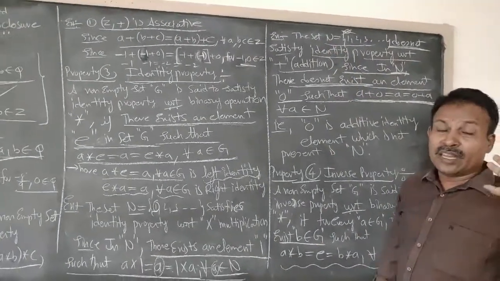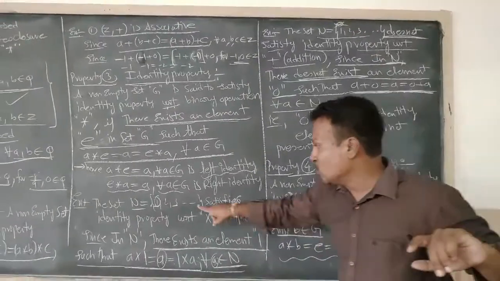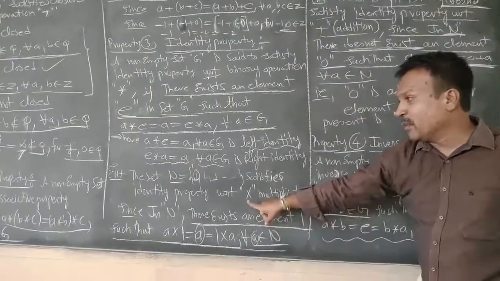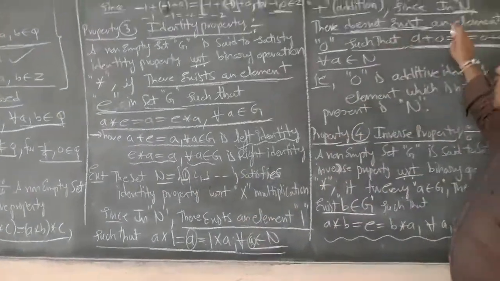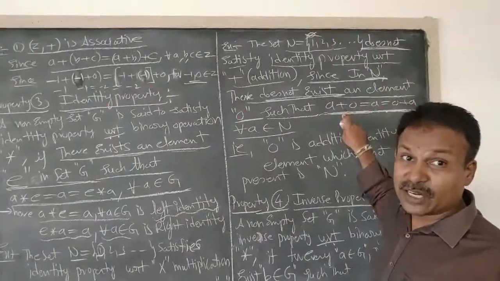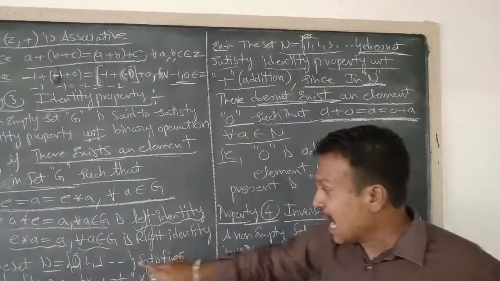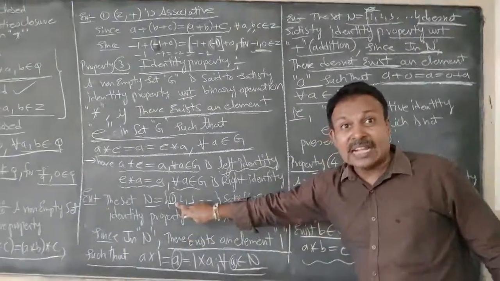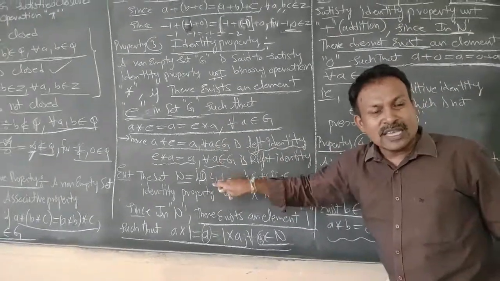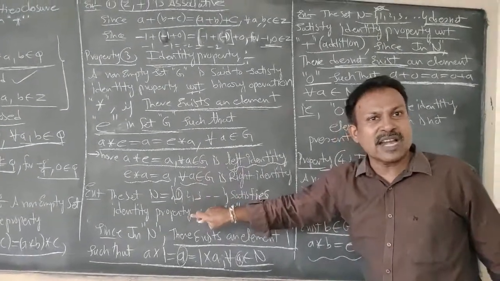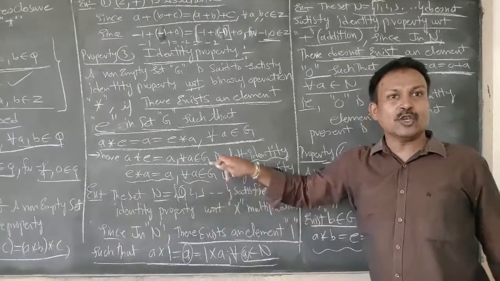We should very clearly understand these two examples. It is with respect to multiplication. One is the identity element with respect to multiplication, and 0 is the identity element with respect to addition. So with respect to multiplication, the identity element is 1. It exists in the set of natural numbers. Therefore, here we conclude that the set of natural numbers satisfies the identity property with respect to multiplication.